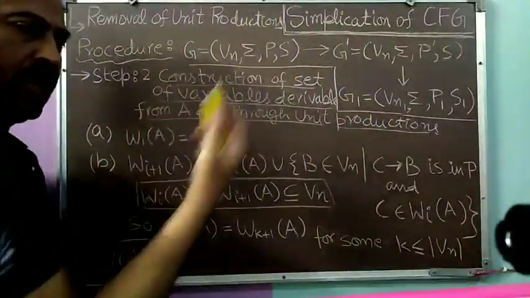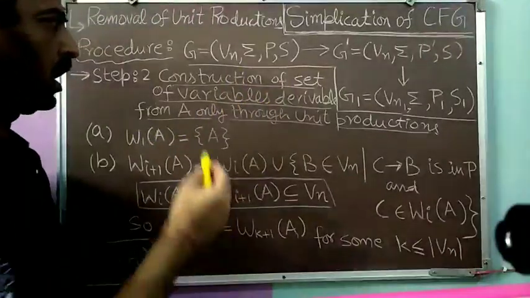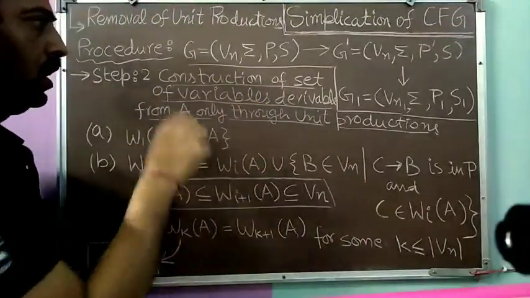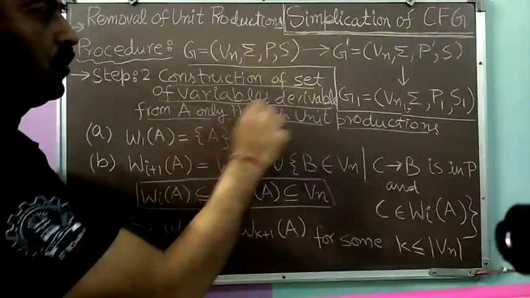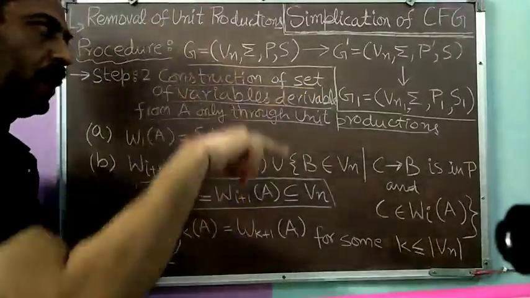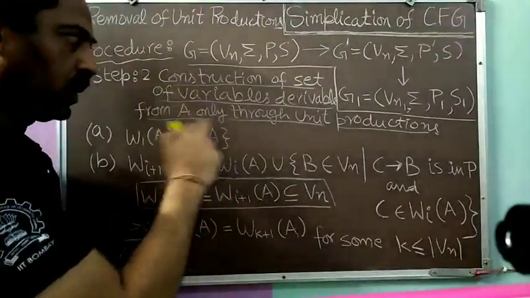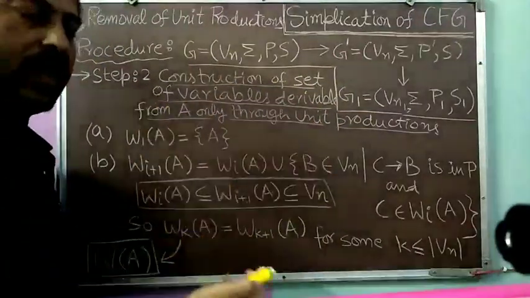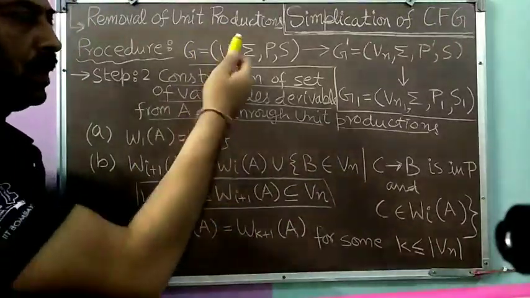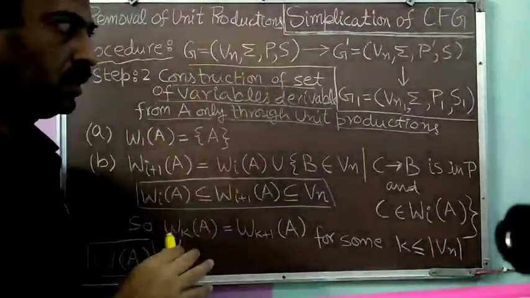We take one variable from that particular grammar, and for that variable we construct a set of variables which are derivable from it only through unit productions. And this work we will perform for every variable present in the grammar under the procedure.